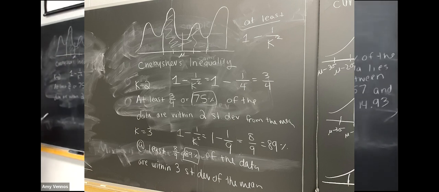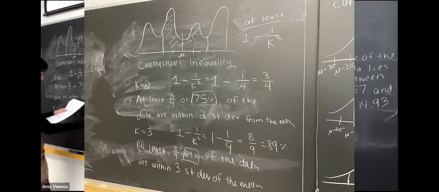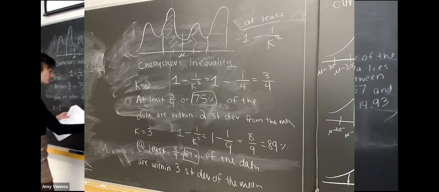Okay, let's just do k equals 3 real quick. Okay, well, plugging into our formula, 1 minus 1 over k squared is 1 minus 1 over 3 squared, which is 9. Okay, and that gives us 8 over 9 or 89%.